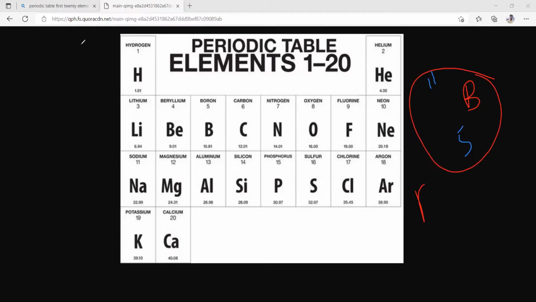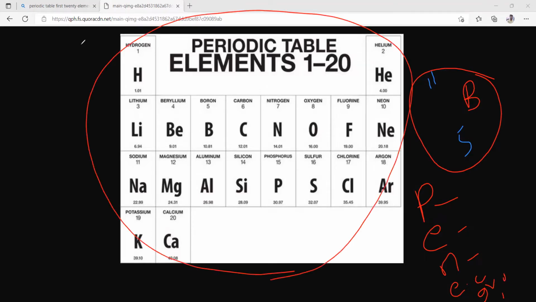Then you have to write the number of protons, number of electrons, number of neutrons, then the electronic configuration, then group, then period. For all these 20 elements. Can you write? Yes, sir. Can. Okay, right. So both of you, please do this as a homework and send it to me.